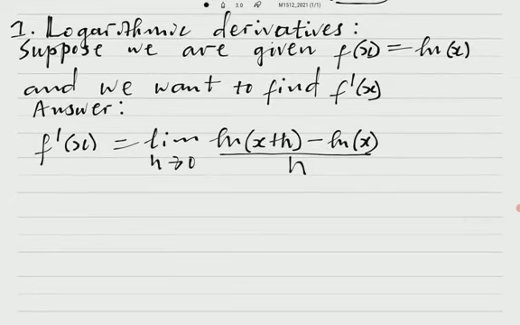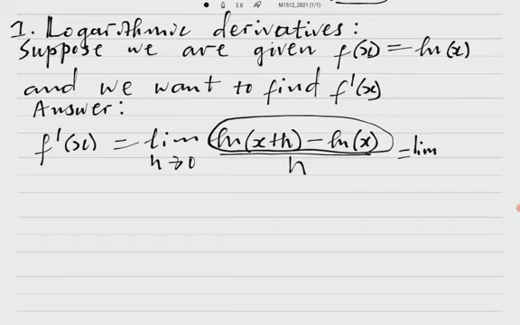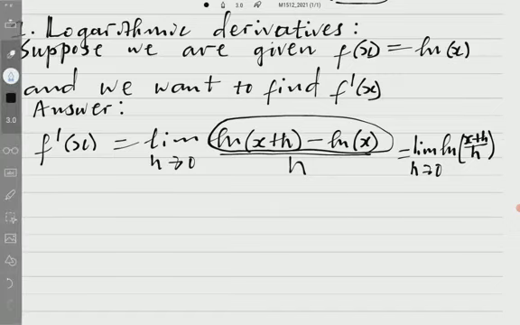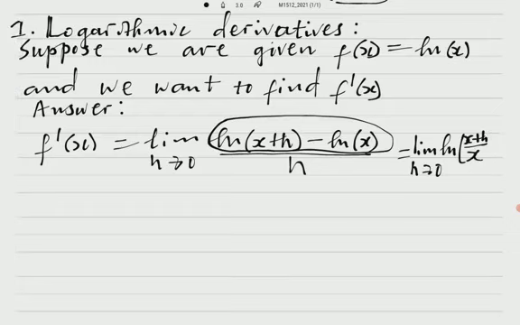And you can see that we can put together this numerator using the rules of logarithms from algebra last year to have the limit as h goes to 0 of ln of (x plus h) over x, and the whole thing still needs to be divided by h, because we still have h in the denominator.